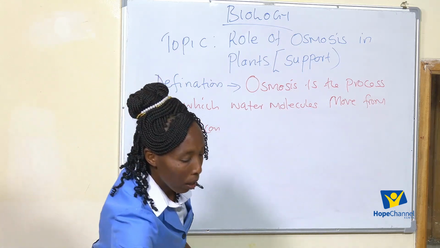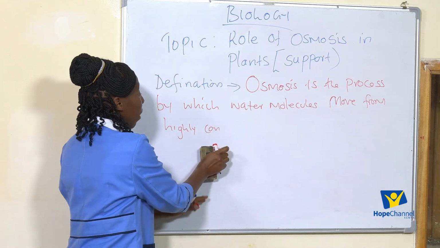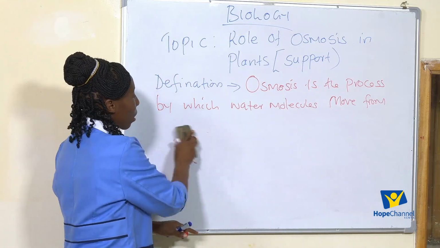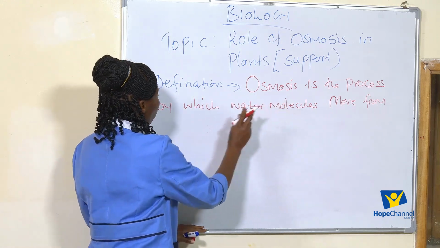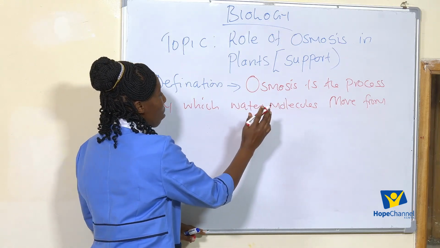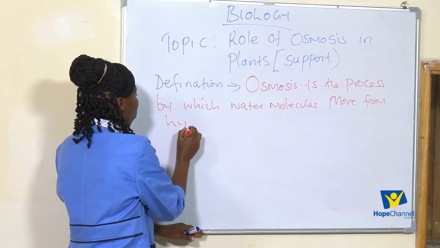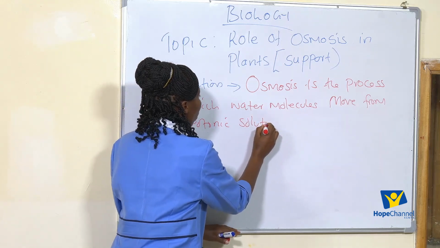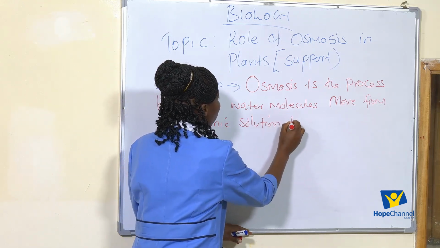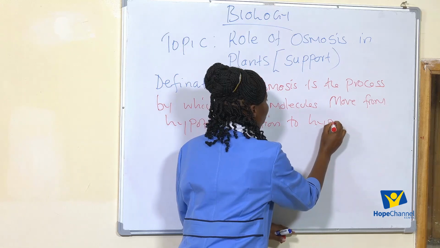Maybe we can define it in 3 ways, but this time I want to use this one. Osmosis is the process by which water molecules move from hypotonic solution to hypertonic solution.